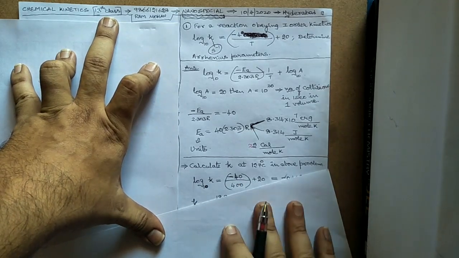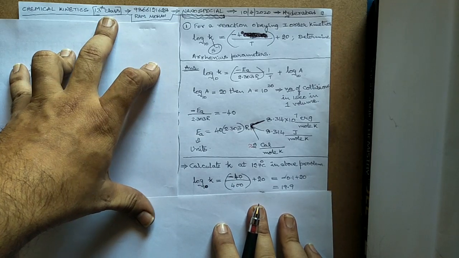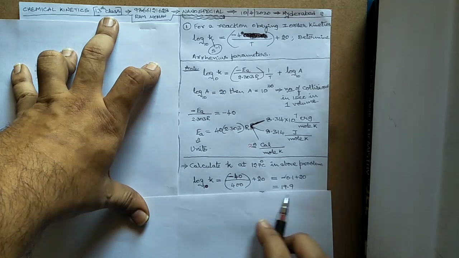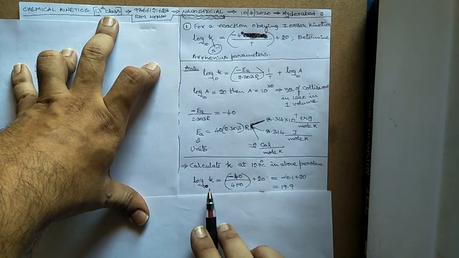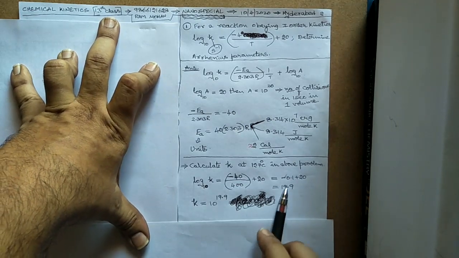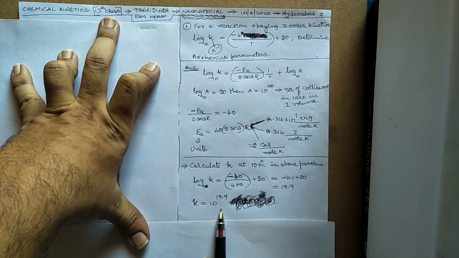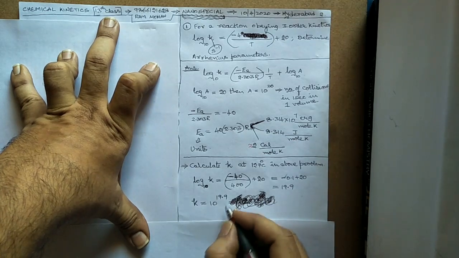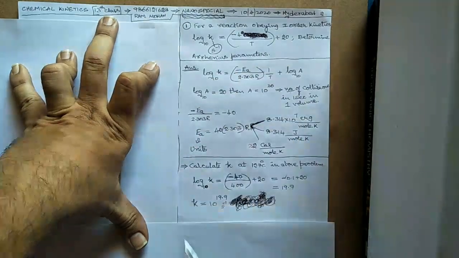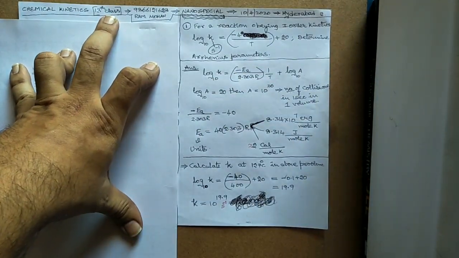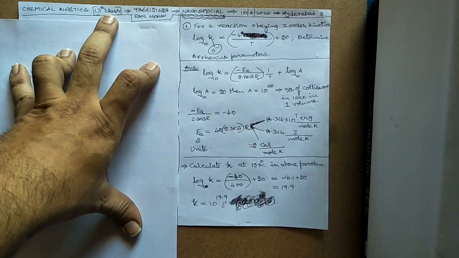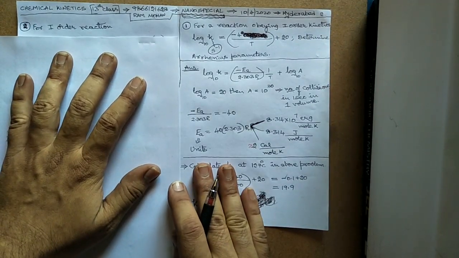So this turns out to be minus 0.1 plus 20, which is 19.9. So k is 10 power 19.9. Let's find the antilog of that and then answer the k value, which is measured in per second. That's what is given here. So let's go to the second problem. See the second problem.